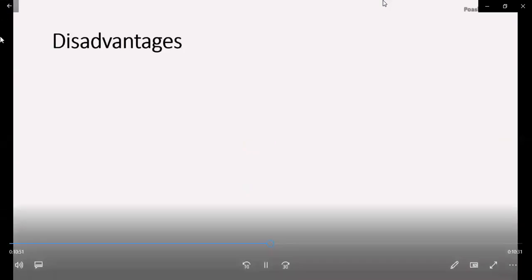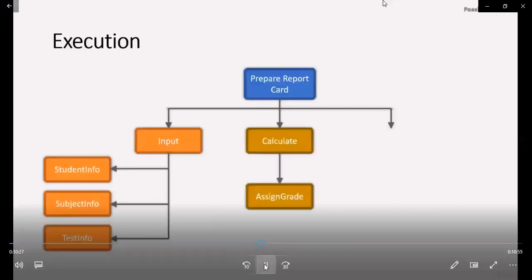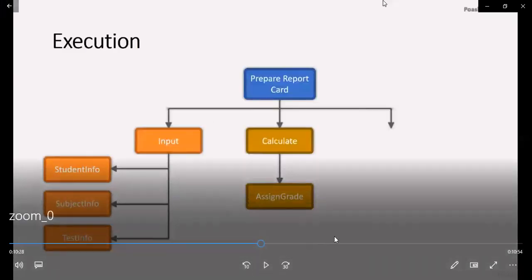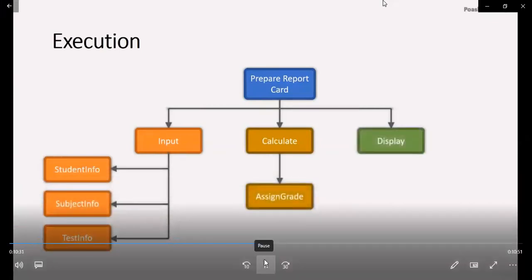So we will first take the input. We will accept the information about the student, the information about the subject, and the information about the test.